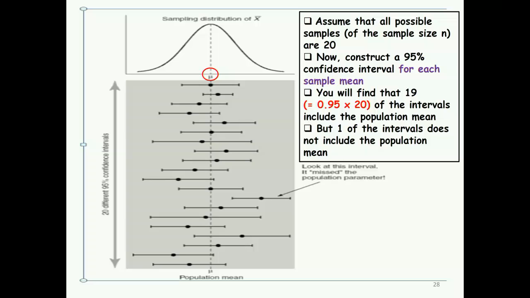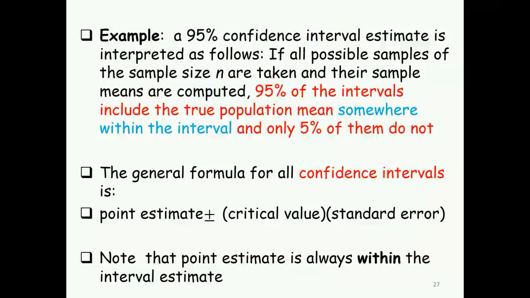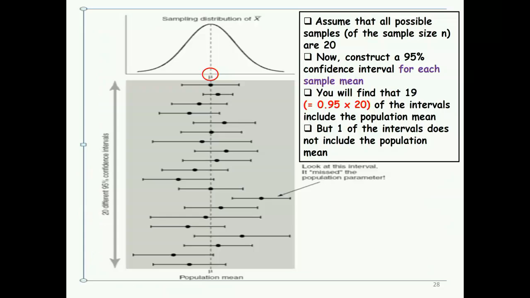Because you don't take many samples. If all possible samples of size n are taken and their sample means are computed, in 95% of the cases the population mean would be somewhere in that interval, but in 5% of the cases it could be outside. Could it be possible that the sample you are using is this one?